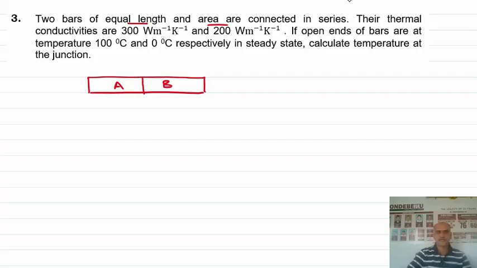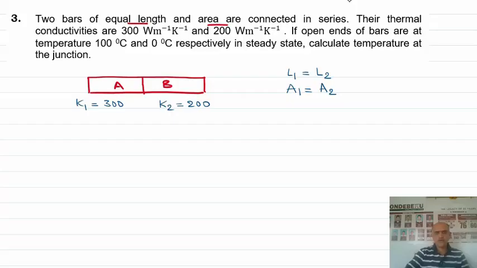He says equal length, so I will write L1 is equal to L2. Their area is also equal, A1 is equal to A2. Thermal conductivities: the first, K1, he has given as 300 watt per meter per Kelvin. That is the SI unit. The second one is 200.